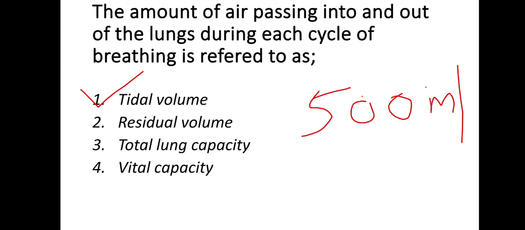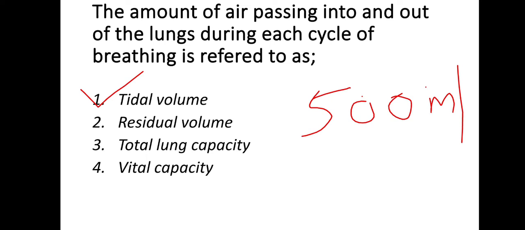These measurements will vary according to the age, body composition, and size of the patient. These values, 1 to 1.2 liters of residual volume, 500 ml of tidal volume, and 6 liters of total lung capacity, are for adults only.